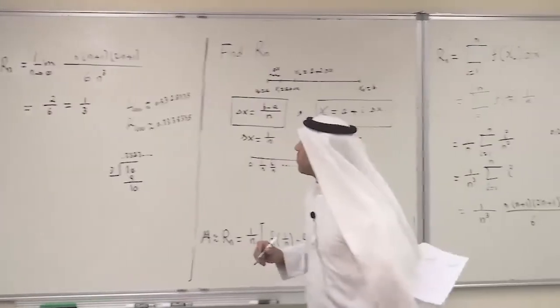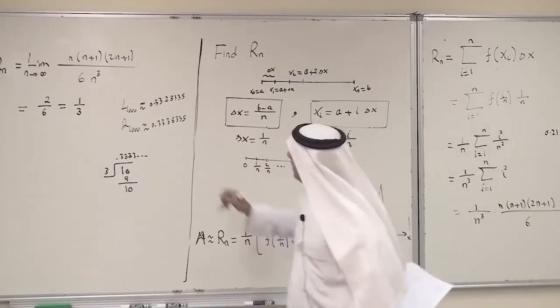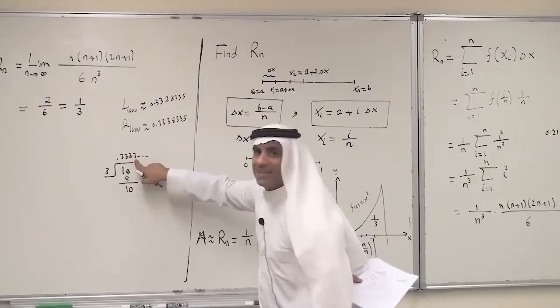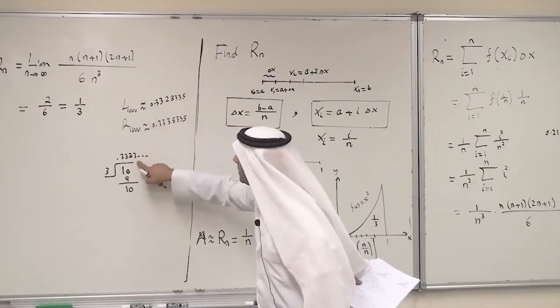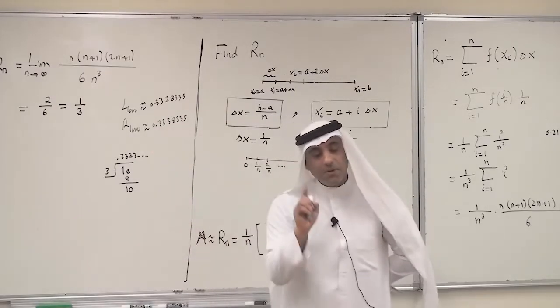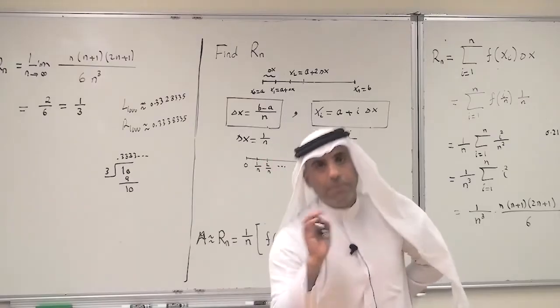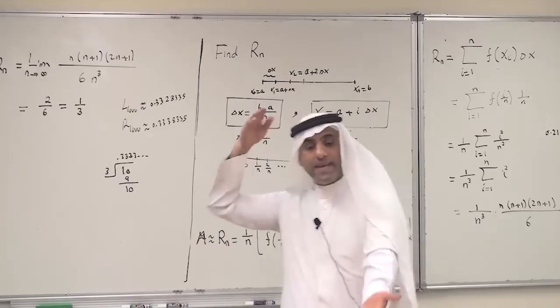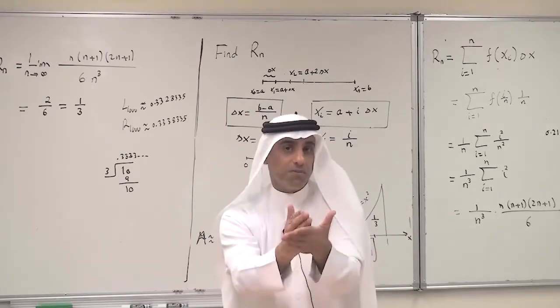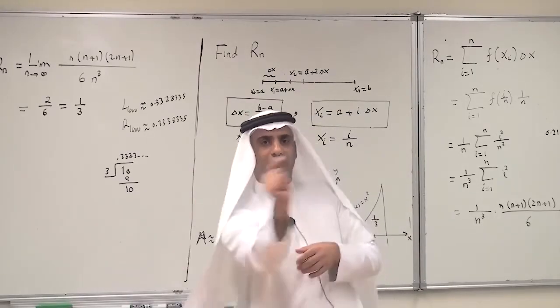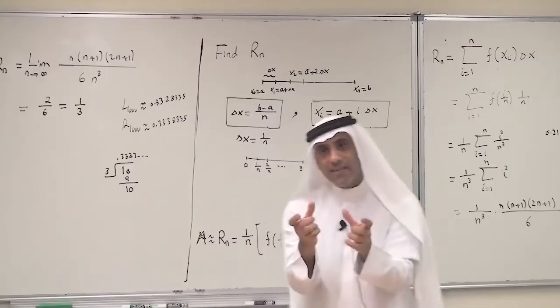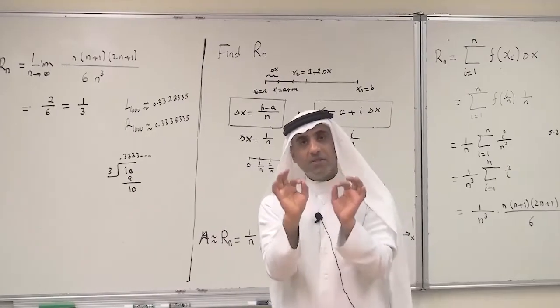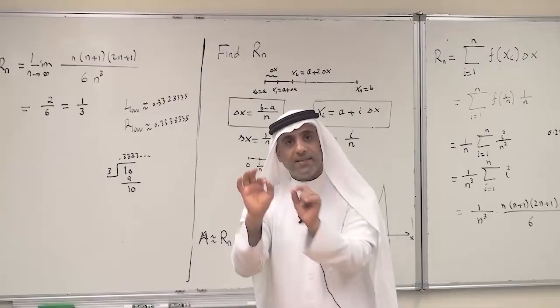You see, we have here a number which is close to the exact, and here we have a number which is close to the exact. So yes, by increasing the number of rectangles, we are getting a better approximation. But in conclusion, if we need to hit the exact area, what should we do? We need to push n to go to infinity. So that is exactly the definition of the exact area under the curve.